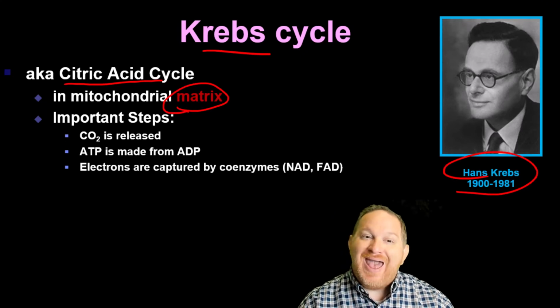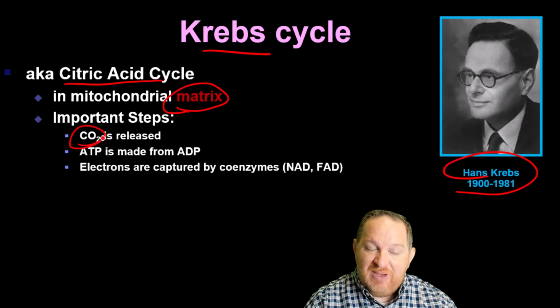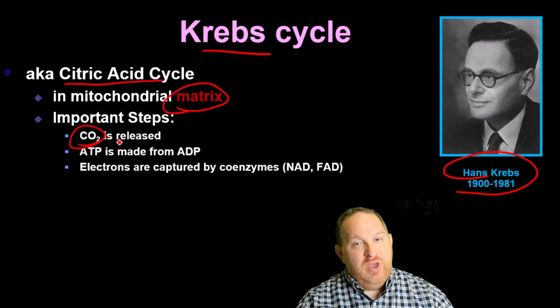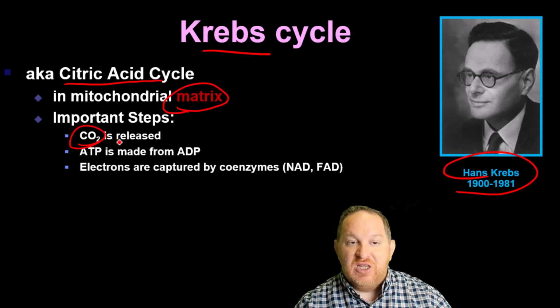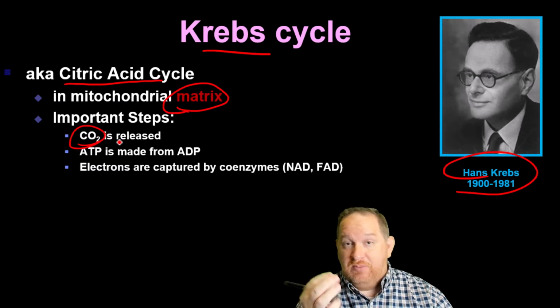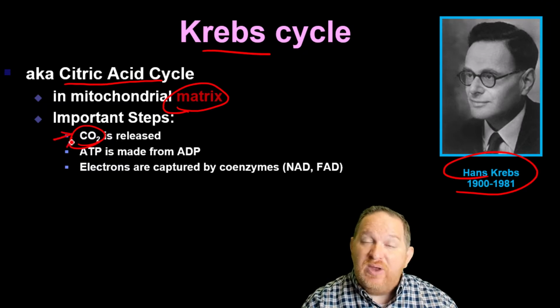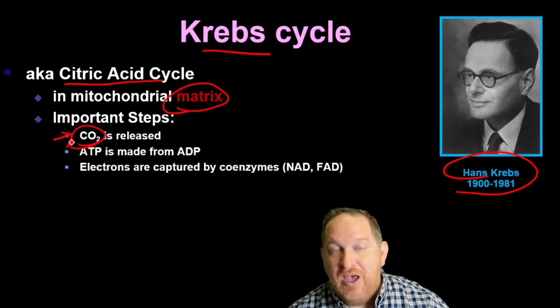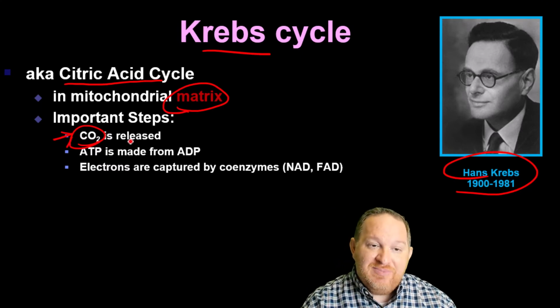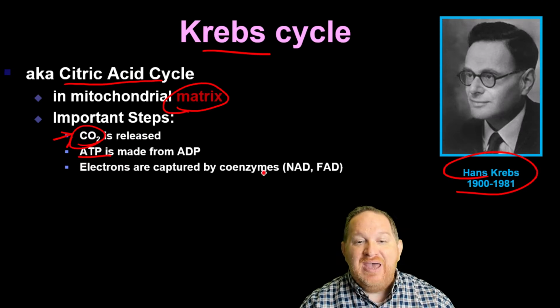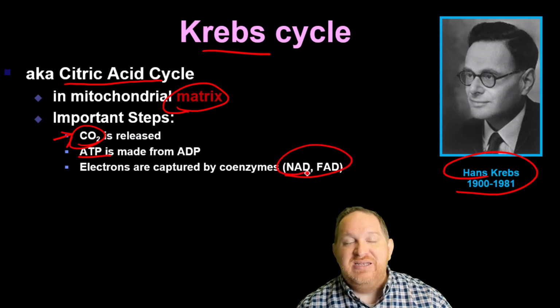Now, what happens in this step? A few important things. One, CO2 is made. Animals like us that undergo cellular respiration, you've probably heard, we breathe in oxygen, we breathe out CO2. This is where that CO2 that we breathe out is made. We get some ATP, and we get some coenzymes, NAD and FAD.